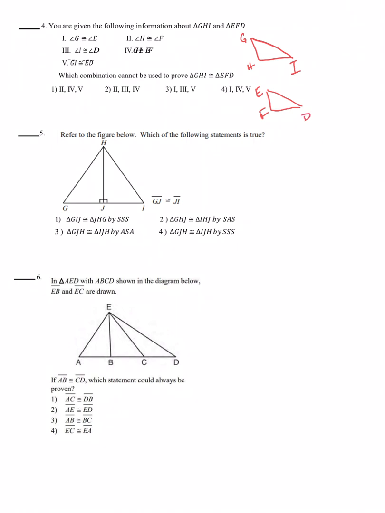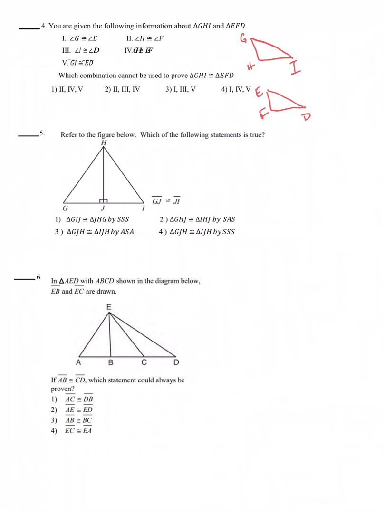I drew them in corresponding order and corresponding positions. If you have two pairs of angles congruent, you can't have three sets of angles congruent to prove that triangles are congruent. So 1, 2, and 3 would not work. That is not a choice, however.